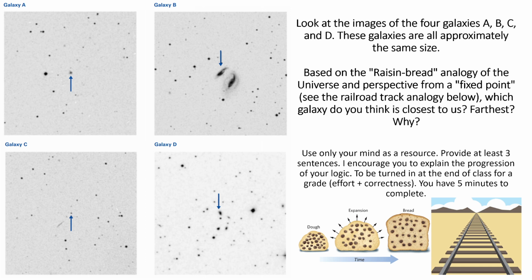In order for you to answer this question, you need not only the raisin bread analogy, but I also can provide you with this image on the bottom right, which is an image of railroad tracks. Now I want you to think about perspective in this image, and ask yourself, is the track closest to my viewpoint larger, smaller, or the same size as the track that is furthest away?